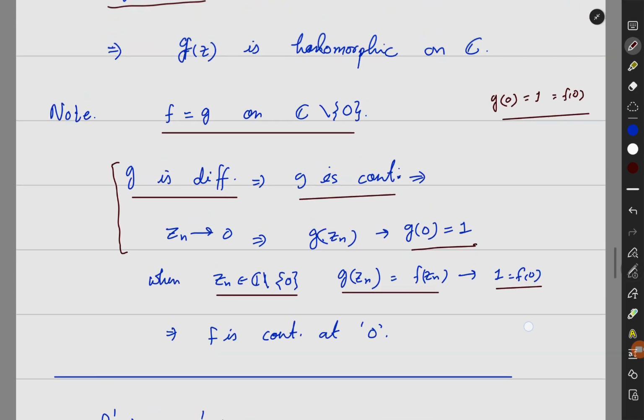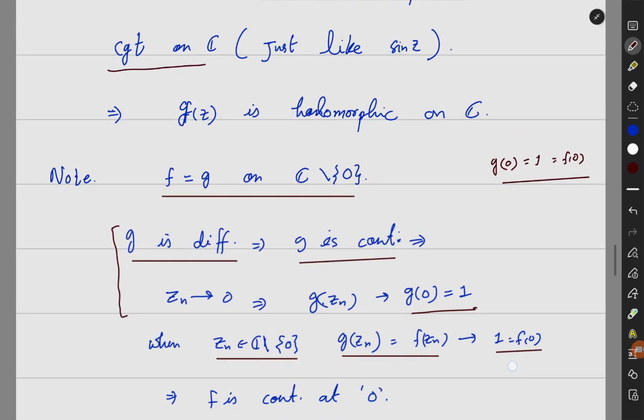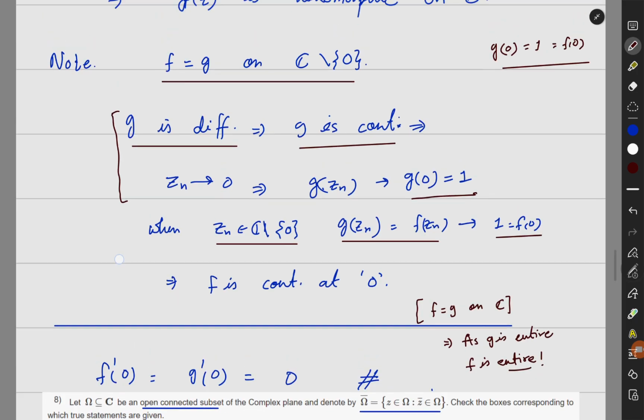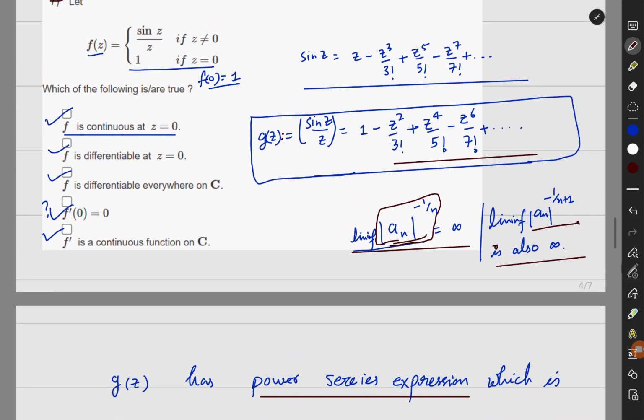In particular what we can directly write is that f is equal to g on the whole of C. This implies, as g is entire, f is entire. That means f is holomorphic on the whole complex plane. So when f is differentiable it is continuous also. So f is continuous at 0, it's true.